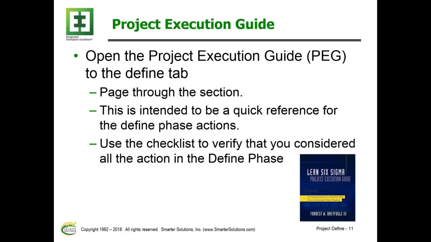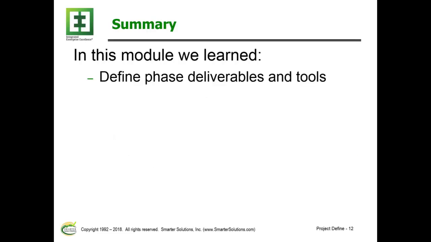It also includes a checklist to verify that all the potential actions for a phase of the project were actually considered. So in summary, in this module we talked about define phase deliverables and tools.